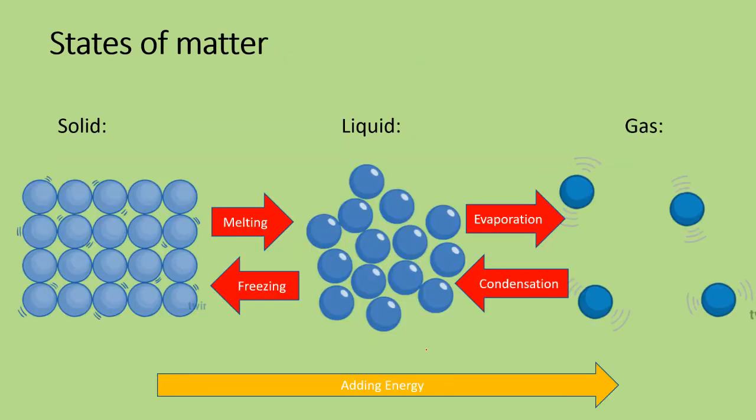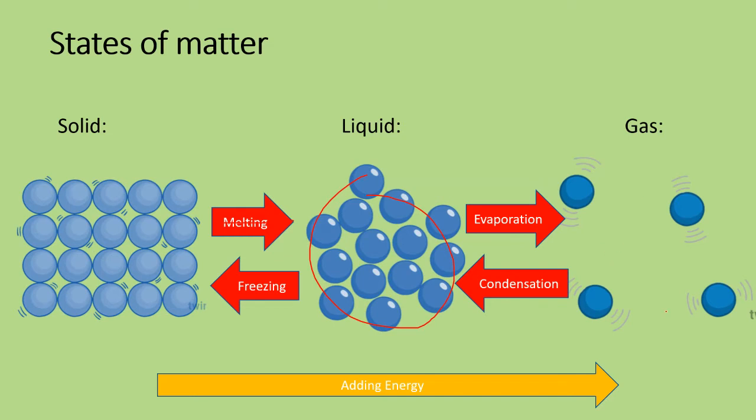These different states of matter relate to the different configurations of the particles. So we've got a solid, liquid, gas. So as we add energy to the particles, if they gain enough energy, then they'll melt and form a liquid. There's a liquid here, and if these particles gain enough energy, then we get evaporation or boiling, and they become a gas.